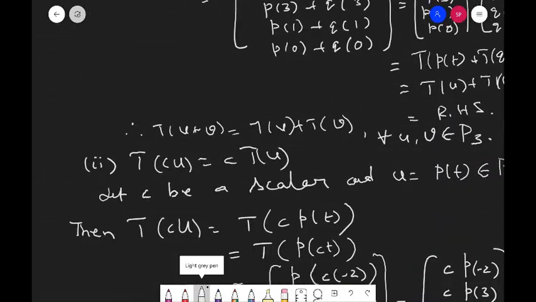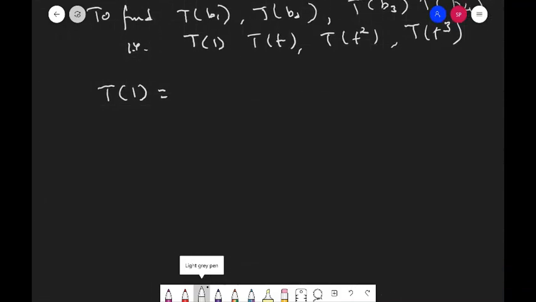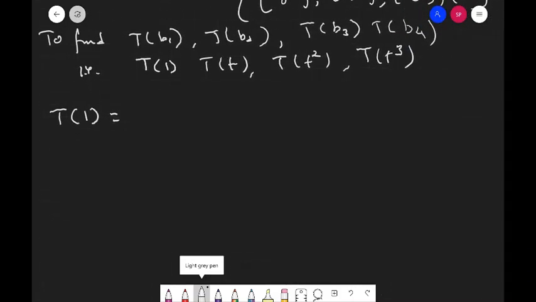Now here I have T of 1. So how do we write this as a polynomial? Where is 1? 1 is in the P3 domain. So I will write this as 1 into 1 plus 0 into t plus 0 into t square plus 0 into t cube.